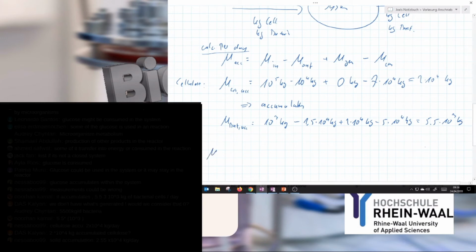So M acc total is of course M accumulation cellulose plus M accumulation bacteria, and this is equal to 2 times 10 to the 4 kilograms plus 5.5 times 10 to the 3 kilograms, and of course this is 2.55 times 10 to the 4 kilograms. Now per day, so now we can put the per day, so that we have the time period again inside. Now I want to hear the cleaning interval from you.